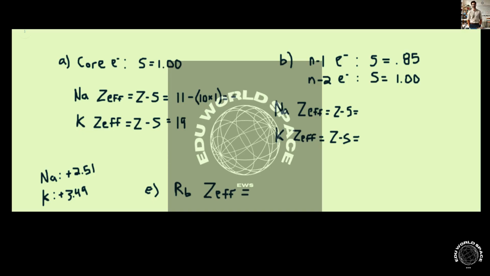It gives us a value of plus 1. And for potassium, that number is 18 core electrons. Again, they contribute 1 to the screening constant in this part of the problem, so that also gives us plus 1.